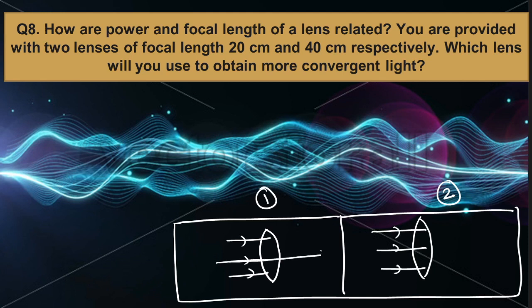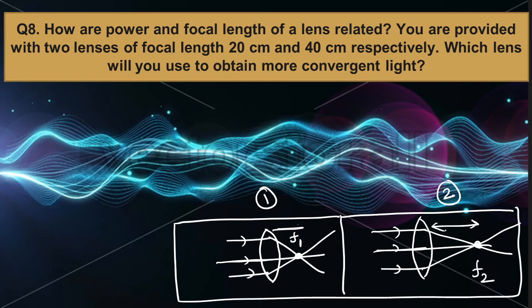This is suppose the principal axis. After refraction from lens 1 they meet here, so this will be the focal length for lens 1. But for lens 2, suppose after refraction they meet at a point. So this will be the focal length. No doubt that f2 is more than f1.